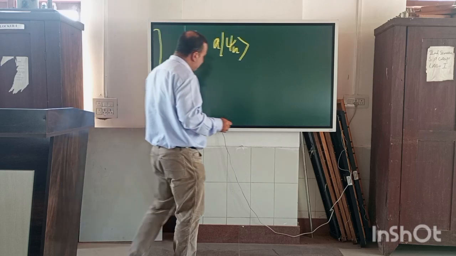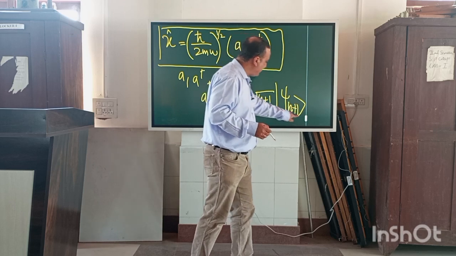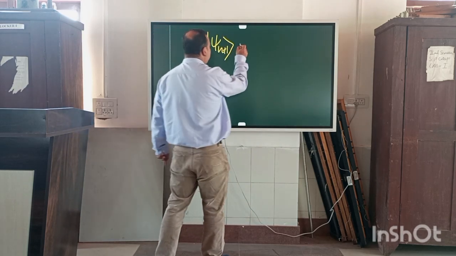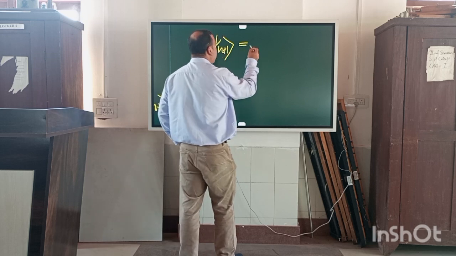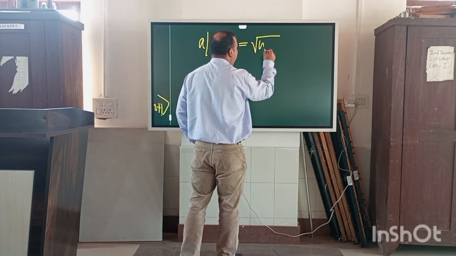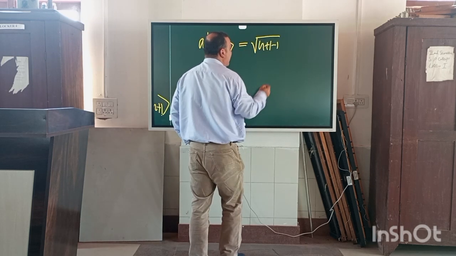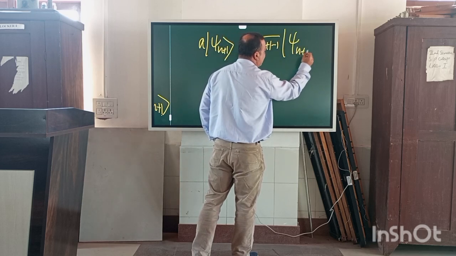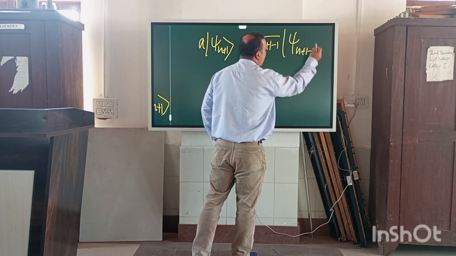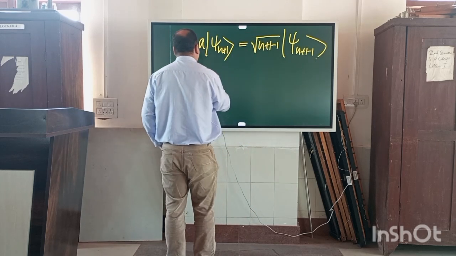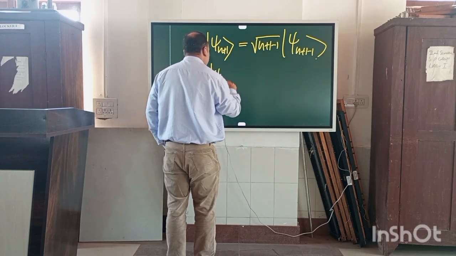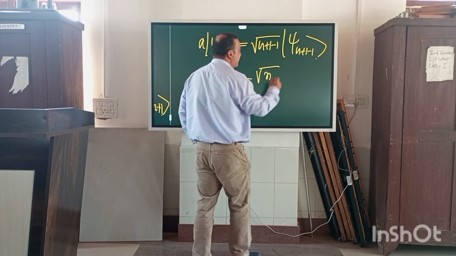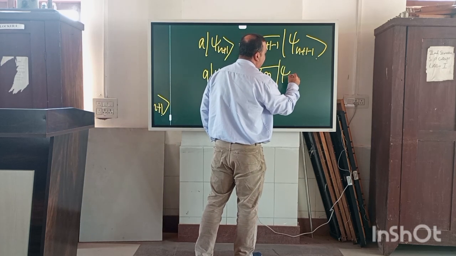So acting on psi n plus 1, my original state, I'll get the square root of n plus 1 minus 1, and my state will move from psi n plus 1 to psi n plus 1 minus 1. So A acting on psi n plus 1 will take me to the square root of n times psi n.